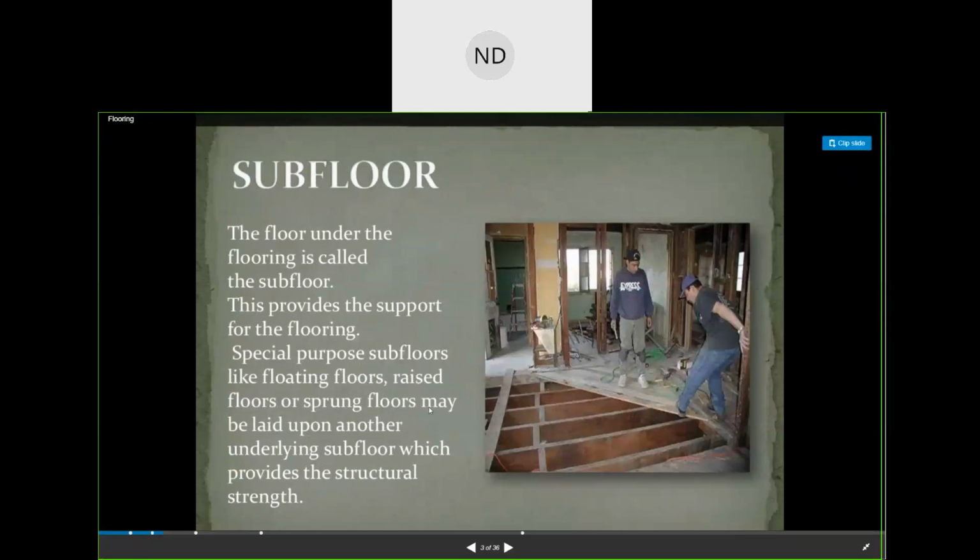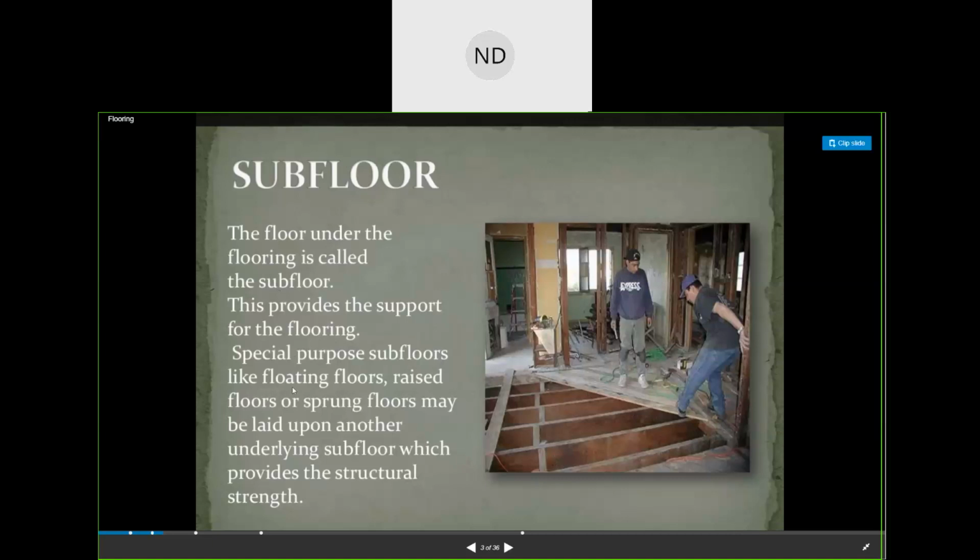So here this is your flooring done, and this was your subfloor. This provides the support for the flooring. The floor cover is supported by your subfloor, the bottom one.